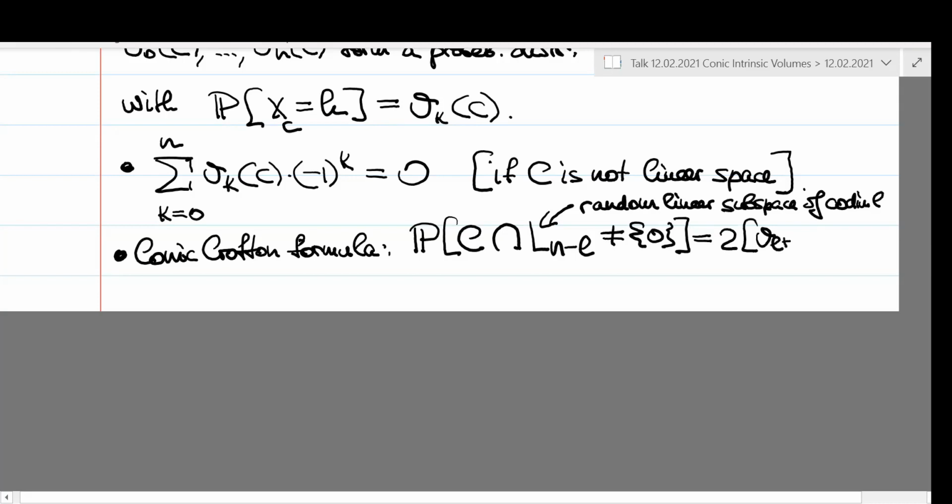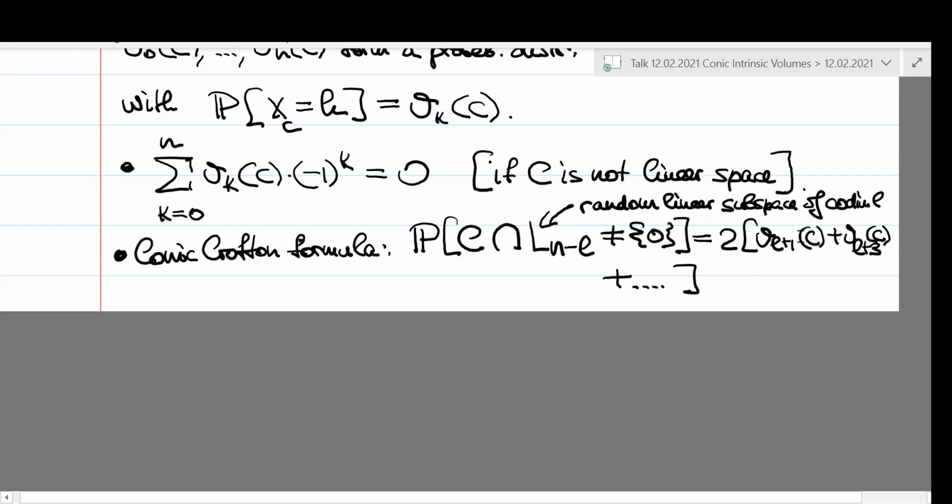It is the (L+1)-th intrinsic volume plus the (L+3)-th intrinsic volume and so on, and the sum is over odd indices, L plus some odd number.